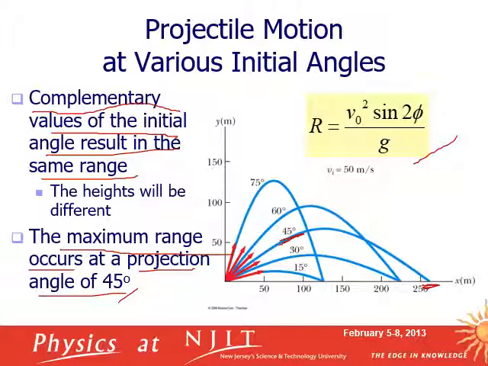I'm referring to the complementary angles of 60 degrees and 30 degrees. So, as you notice, for 60 and for 30 here, they produce the same range. Okay? So those are the ranges of the different angle projections, okay, given here now in our image. So now you know kung anong anggulo ang i-aim mo for you to produce the maximum range of a projectile.